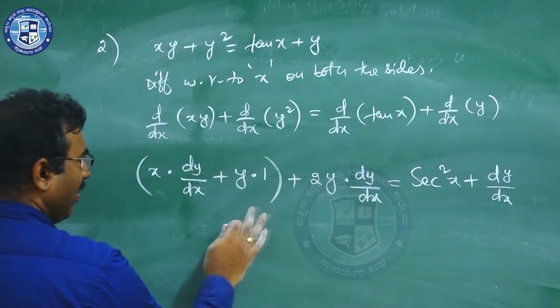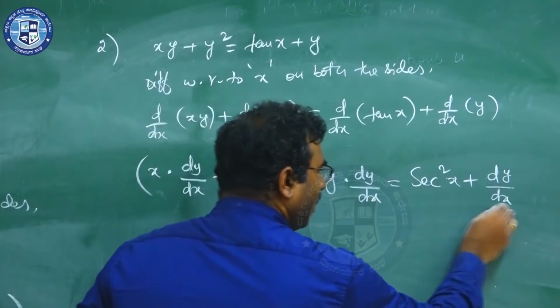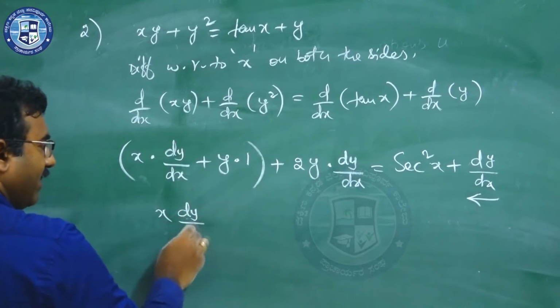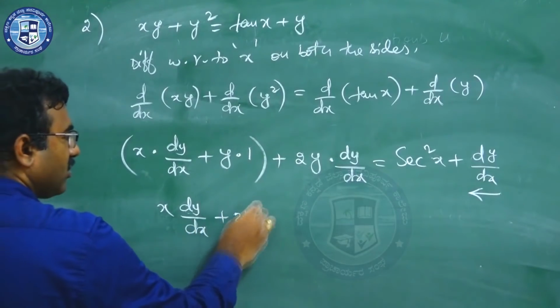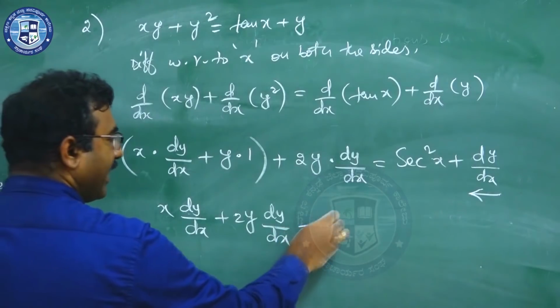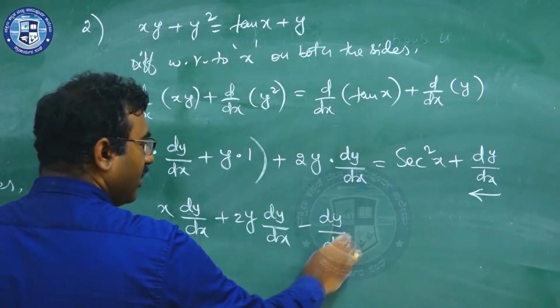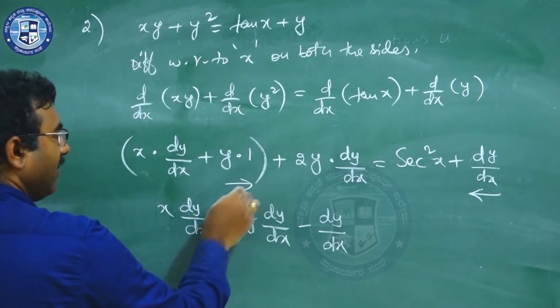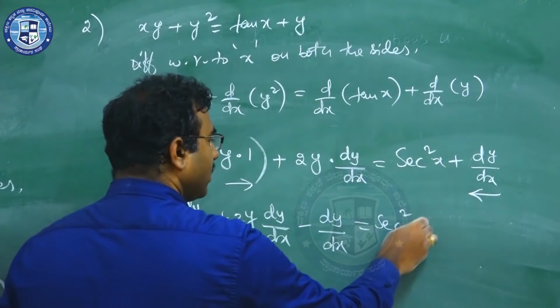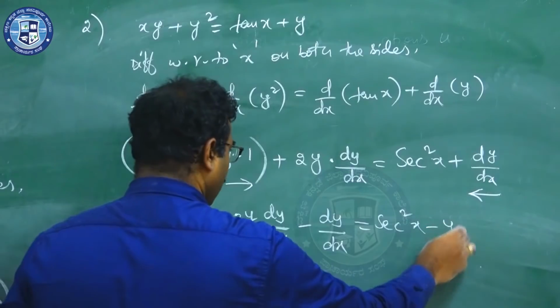So we will separate all the dy by dx terms, bring them to this side: x dy by dx plus 2y dy by dx minus dy by dx, and the term without dy by dx take it to the other side. So secant squared x, here it is minus y.